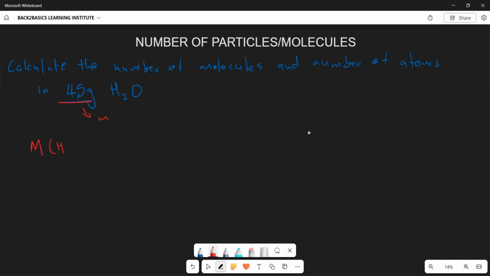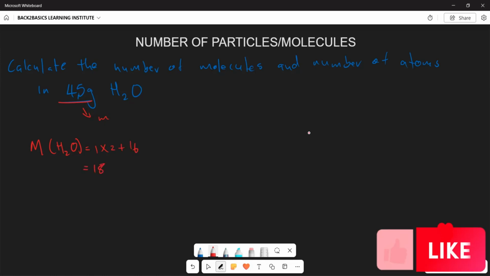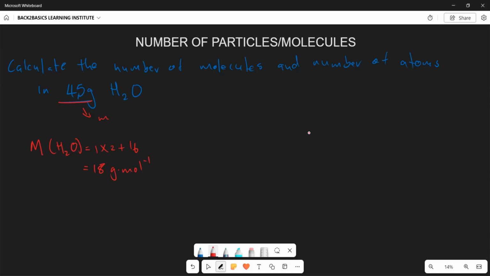So our molar mass of H2O is going to be given by, remember, the mass of hydrogen is 1 multiplied by 2, plus 16. So this is going to be 18 grams per mole, and this is your molar mass. Are we together? Because we have our molar mass and we have our mass, we can come back and calculate the number of moles of your H2O.